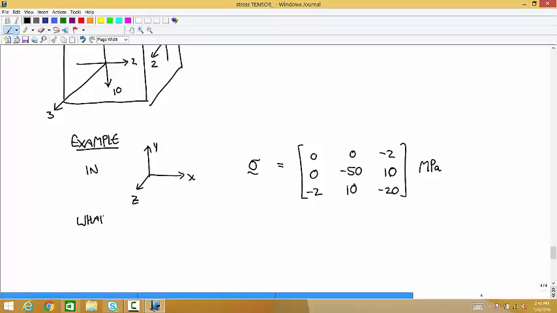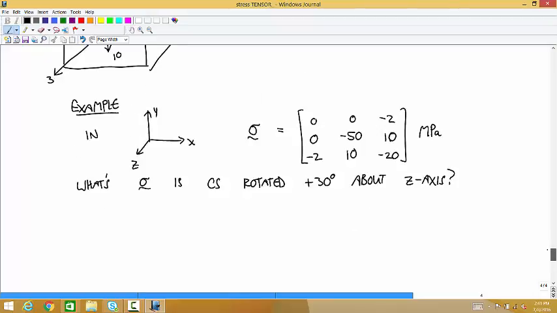And the question is, what's the stress tensor in a coordinate system rotated plus 30 degrees about the z-axis? So the z-axis is still in the same direction. The x-axis is that way, and the y-axis is this way.